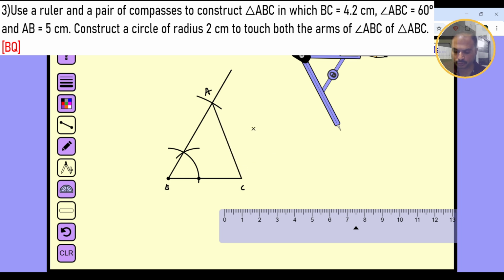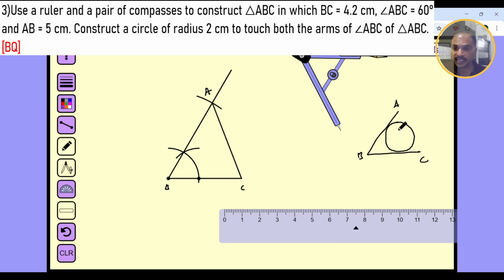Now see the next part of the question. Consider a circle of radius 2 centimeter to touch both the arms of angle ABC of triangle ABC. Both the arms of angle ABC, look at this. This is B, this is A, this is C. I need to draw a circle such that it touches the arms of the angle ABC, and it should remain equidistance of 2 centimeter.